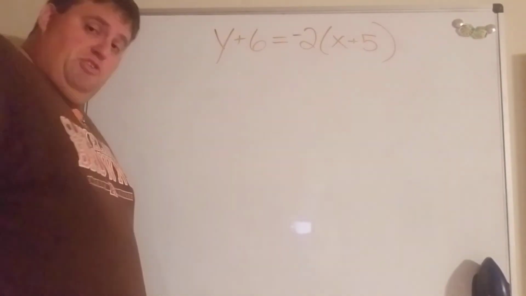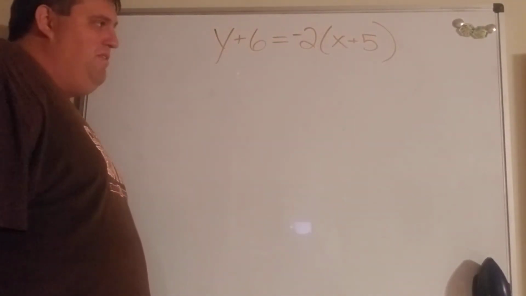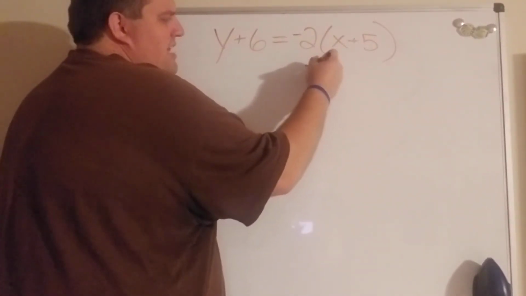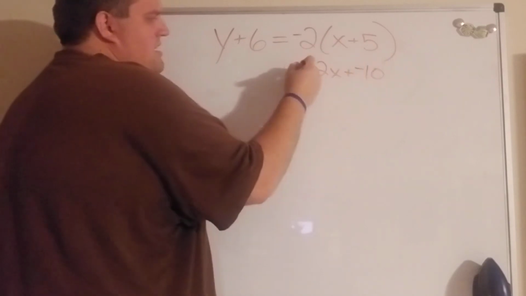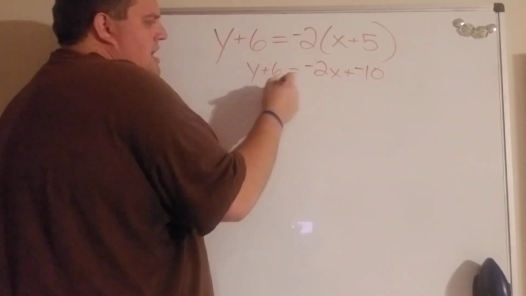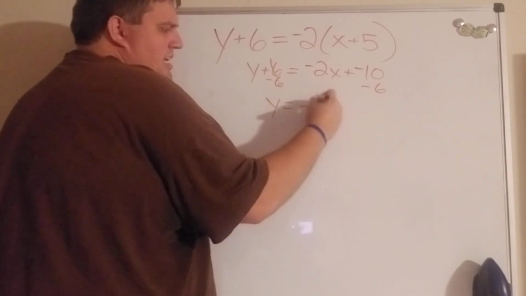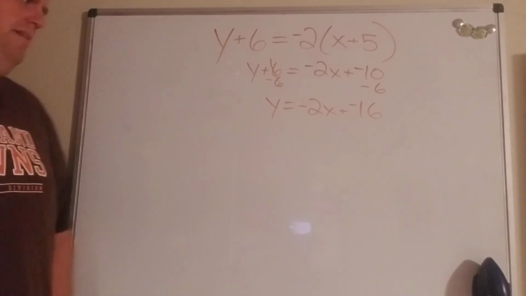Now, you have options. Like if you want to change it to slope-intercept form, it's really not bad at all, right? Negative 2 times x is negative 2x. Distribute this, that's negative 10. And then minus 6 from both sides. And you can see we can pretty quickly get to slope-intercept form, right?